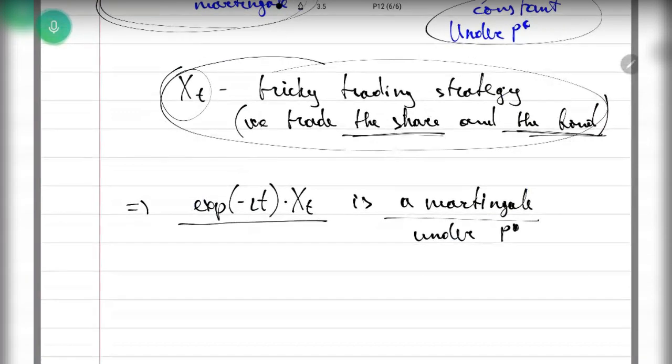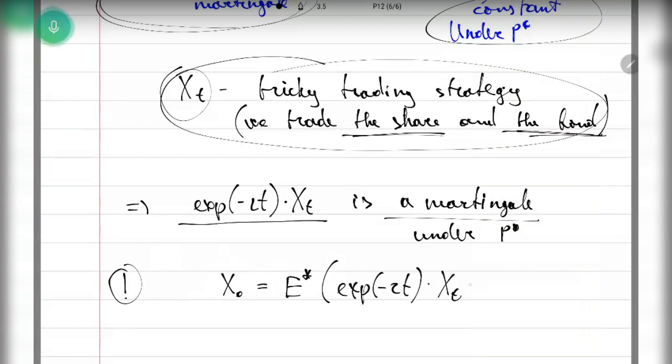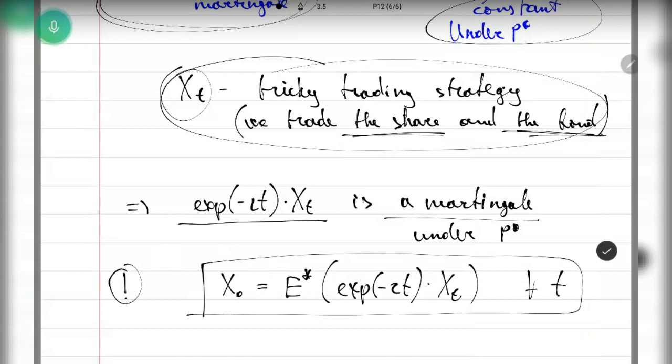Hence, and that's the fact that we will use, X is a martingale. The expected value does not change for martingales. So X0 should be the expected value under P star of exponent minus RT times XT for all T. So that's great, and that's a fact about the real world.